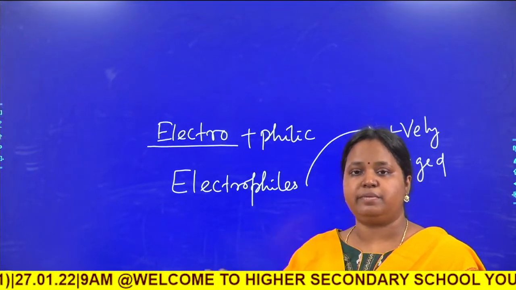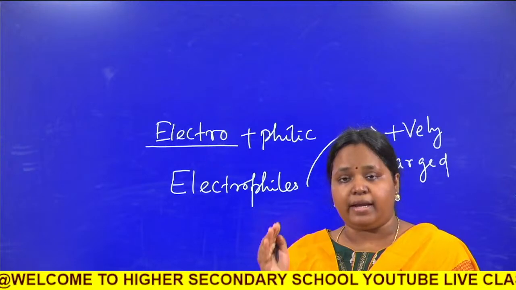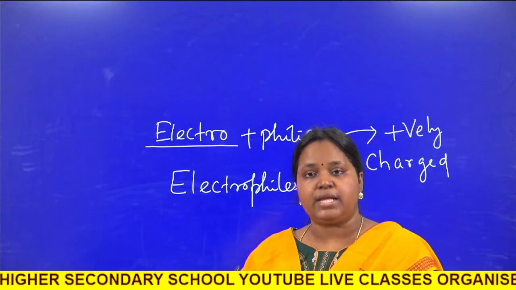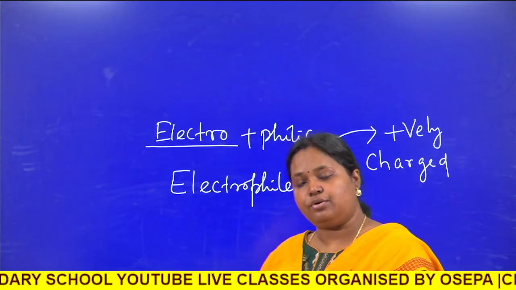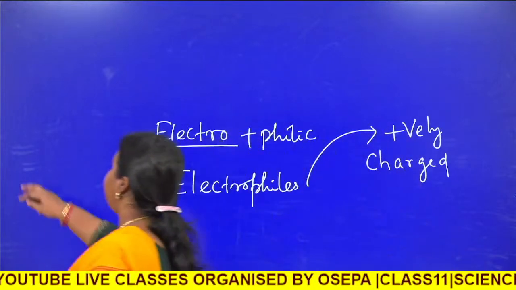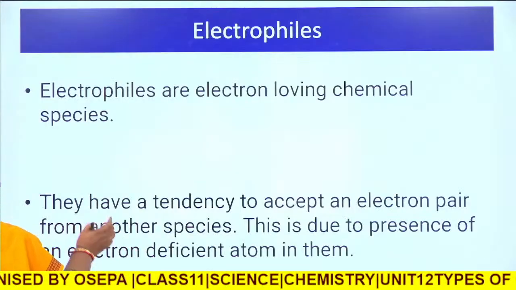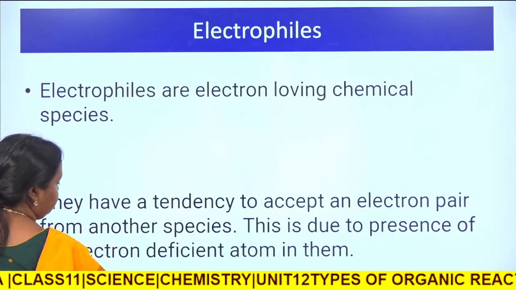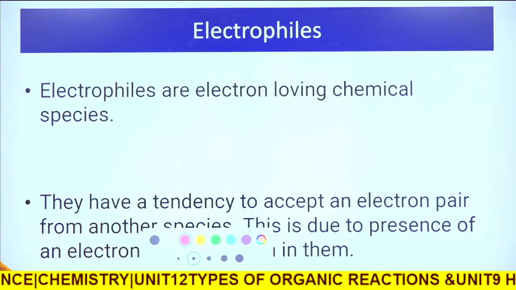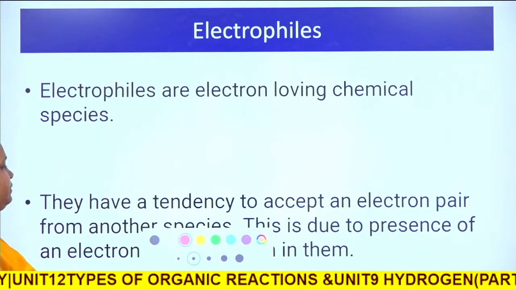Either they are positively charged or the atom present in them must have deficiency in the electron. So let's discuss one by one. So electrophiles are electron loving chemical species.